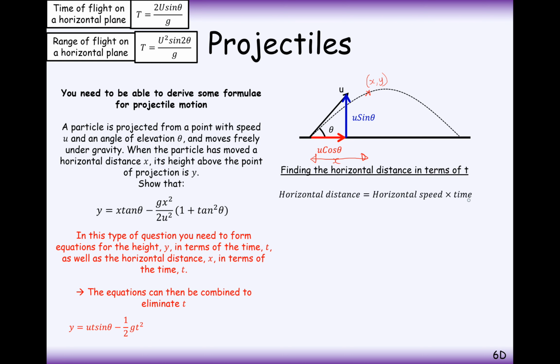The horizontal distance that we would like to travel is a distance x meters. The horizontal speed, we resolve that as u cos theta, and we don't know how long we need to travel in this direction, so we'll just leave t in there as the value for time. Now what we can do is rearrange this and substitute the answer into the t value for the y equation down there.